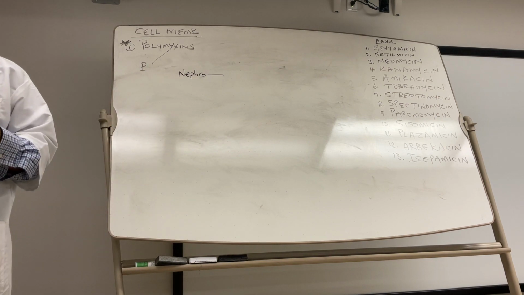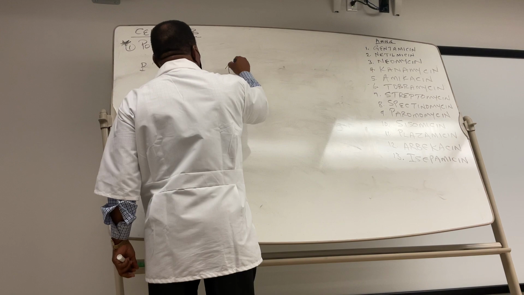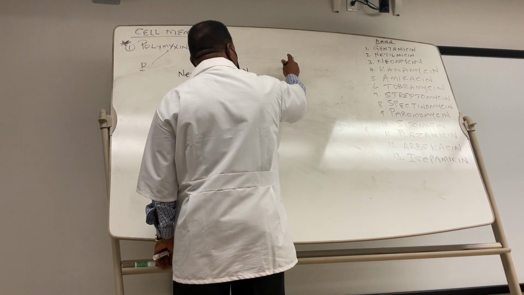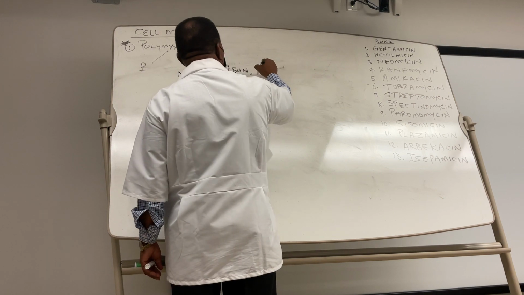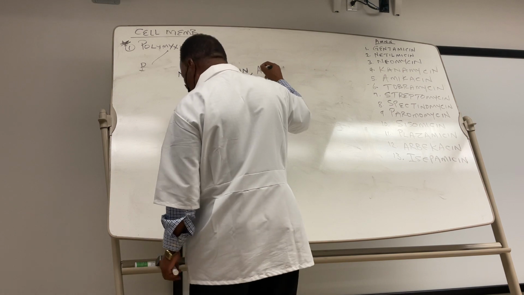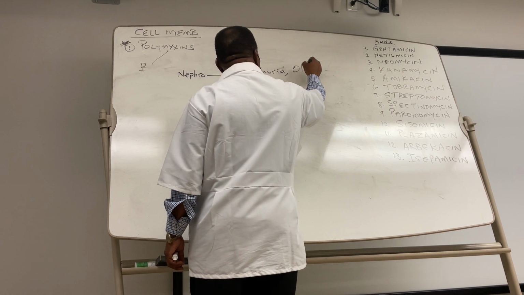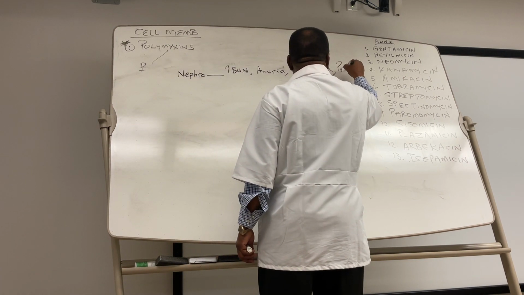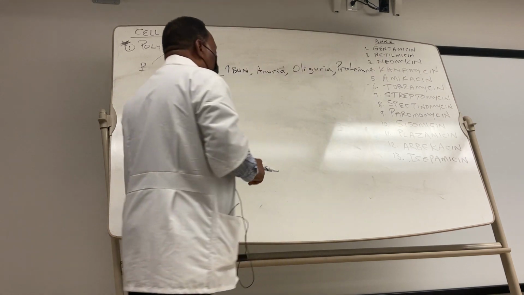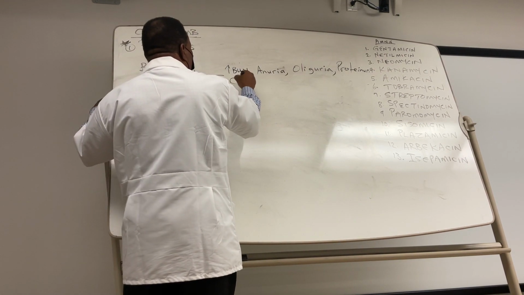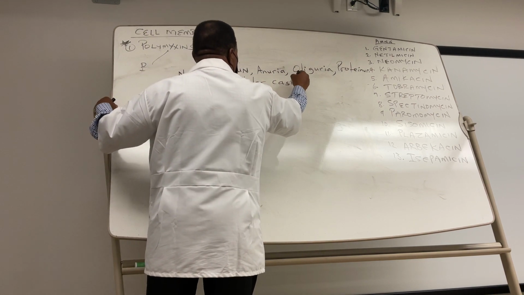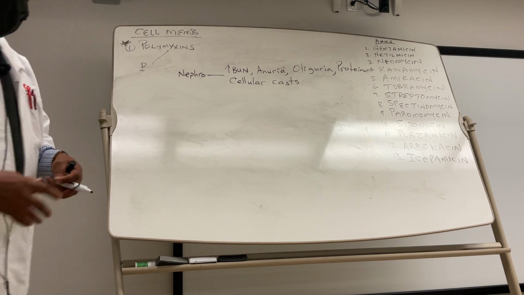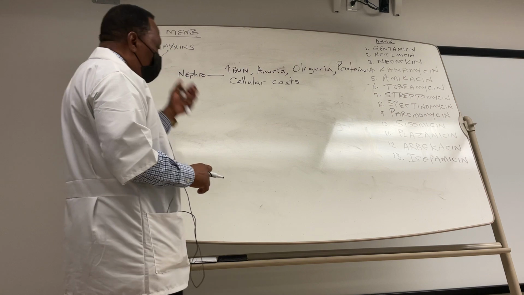The manifestations of the nephrotoxicity can include an elevation of the BUN, blood urea nitrogen, and one can also see oliguria and anuria, and proteinuria, and some casts in the urine, which will mean there's damage to the epithelial cells of your renal tubules, if you see cellular casts in the urine.